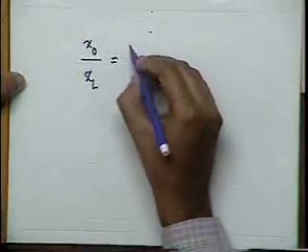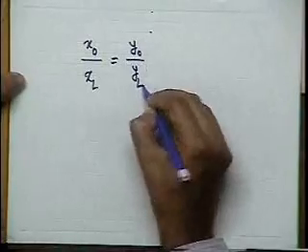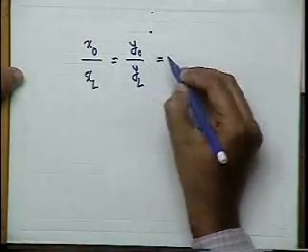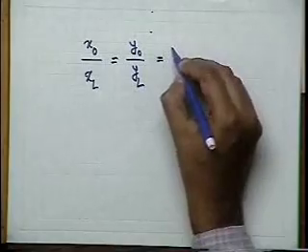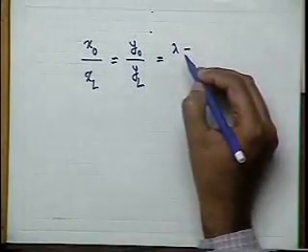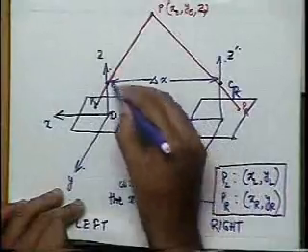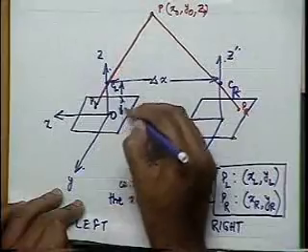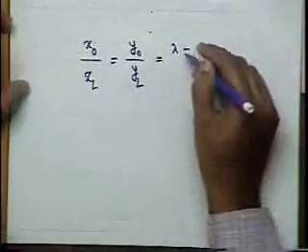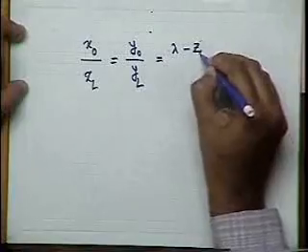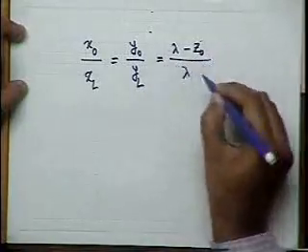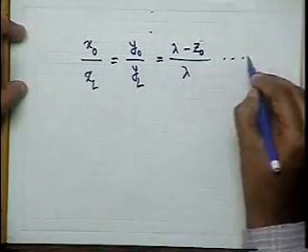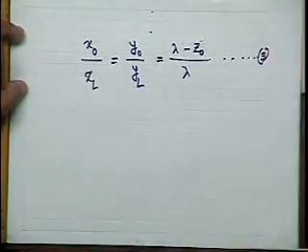X0 by XL is equal to Y0 by YL, and that is equal to lambda minus Z0 divided by lambda. Somebody was saying CLO, actually CLO corresponds to the focal length lambda. So this distance is nothing but our lambda. Let me call this equation number 3.